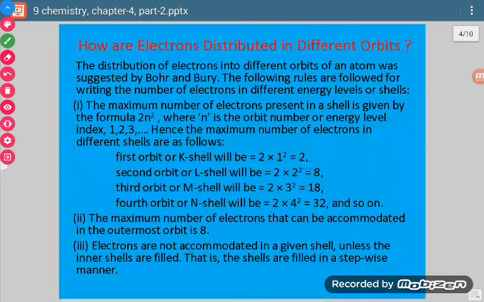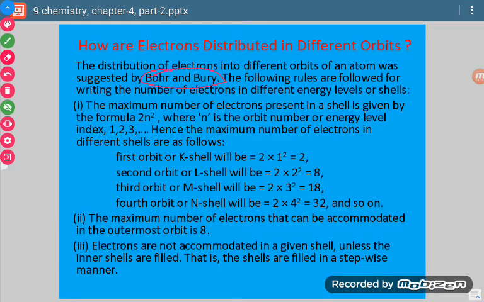Okay, now the question comes, how will these electrons be distributed in different orbits? Just like Bohr said that electrons move around the nucleus in fixed orbits, now how many electrons should be there in a particular orbit? For that there are following rules. Okay, now Bohr and Bury were the scientists who gave these rules.